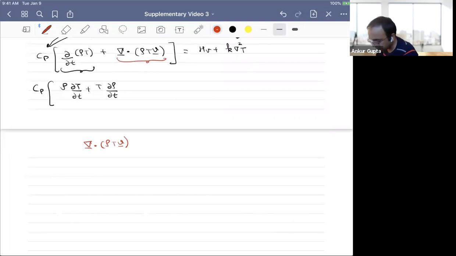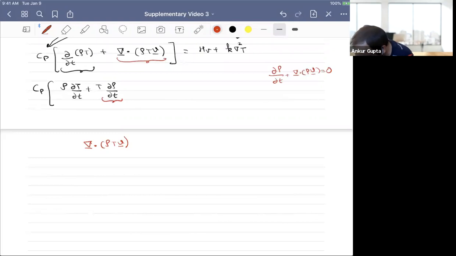And what I want to do is write the continuity equation, which says that del rho by del t plus del dot rho V vector is equal to 0, right? That's the continuity equation. I already see a del rho by del t here, and I see a T times rho V vector. So what I want to get is a del dot of rho V vector.